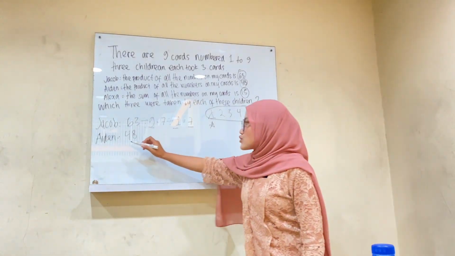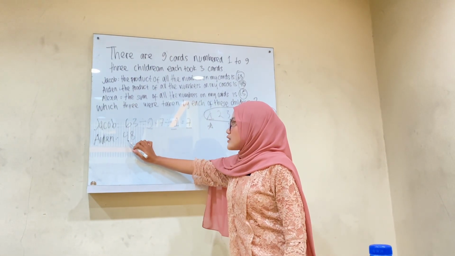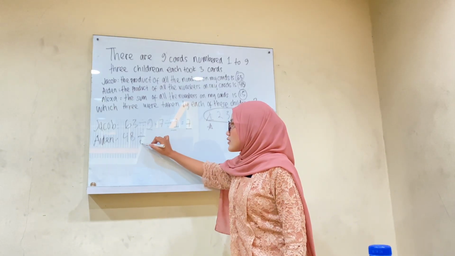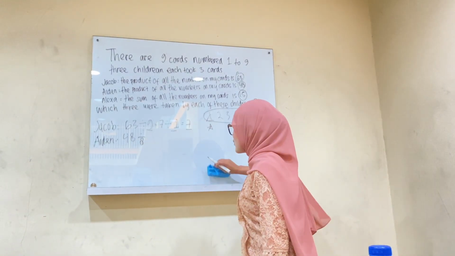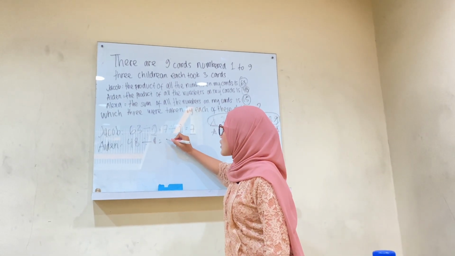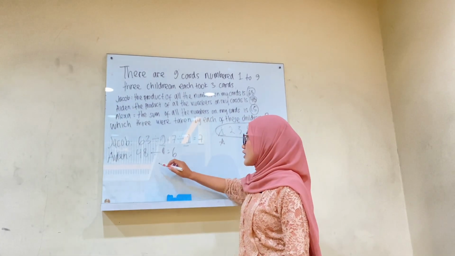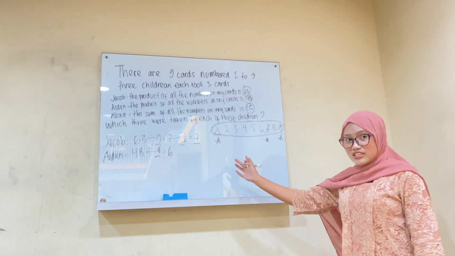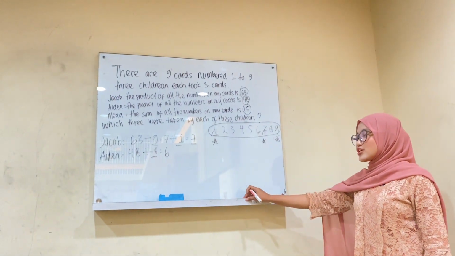So we're gonna divide 48 by 8, equals 6.